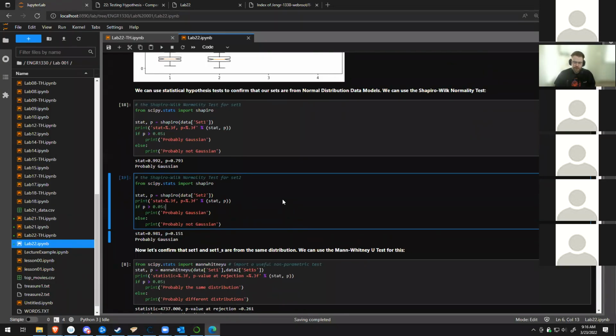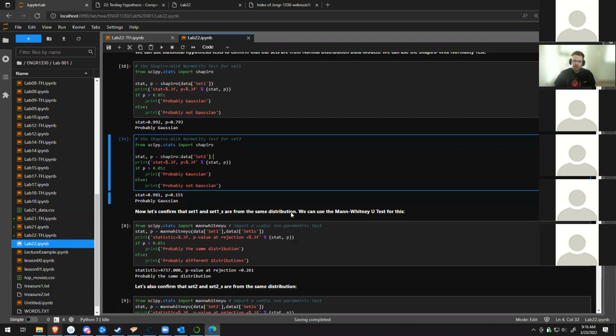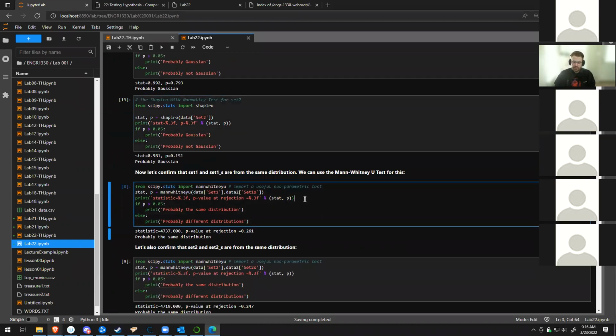All right. And so we have the two sets of data that we went out and actually collected. We say those are probably Gaussian. Let's check the randomized one. So I'm going to take set one and set 1s, and we're going to use another test. I'll make this a little more visual so it's easier to visualize.